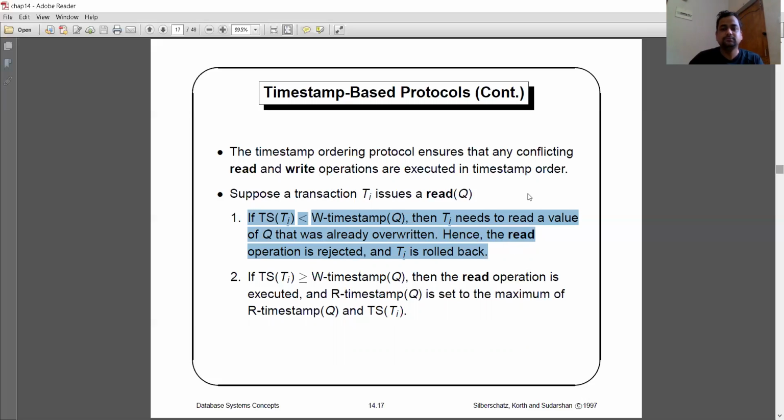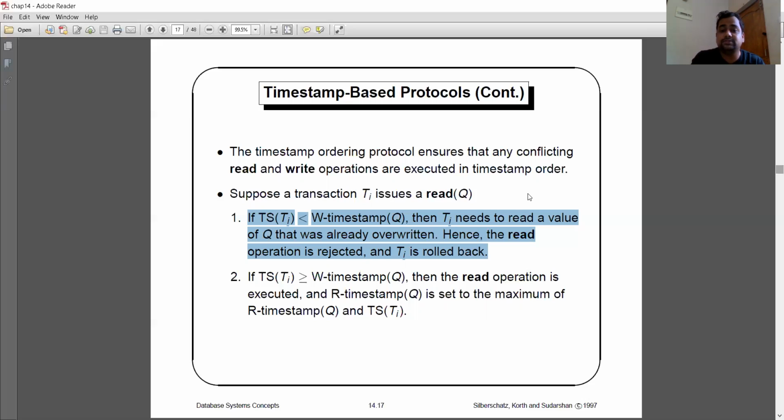The first rule is like this. The operation here is a read operation. Transaction equal to TI, data item equal to Q. The first condition: if the timestamp of transaction TI is less than the write timestamp of data item Q. Here we have taken only one data item Q, and we have to perform a read operation.